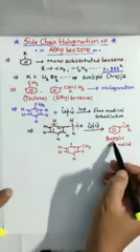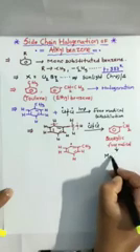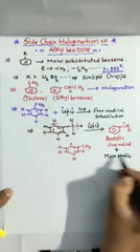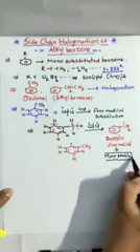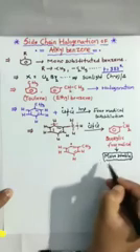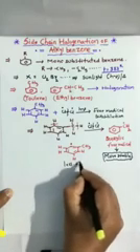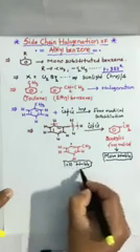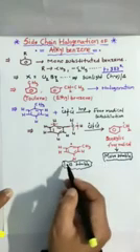Because the benzylic free radical is more stable, highly stable, than this. This is less stable. Clear? The benzylic free radical is more stable than this.